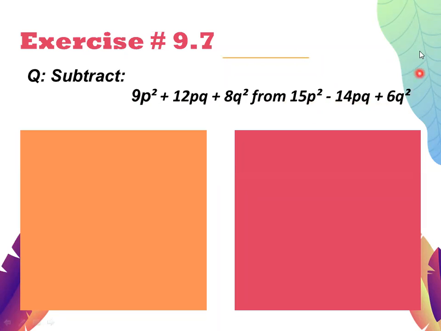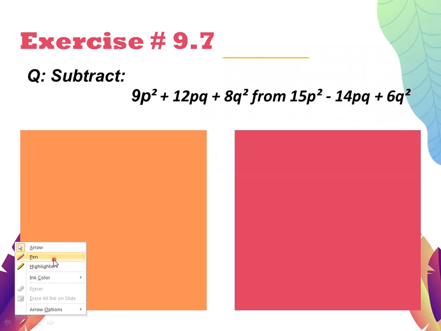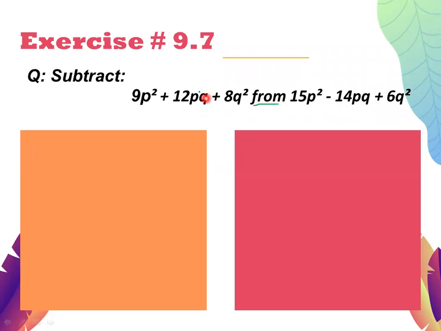Now class, when you are performing subtraction, please keep in your mind that the expression after 'from' you have to write first. If you write the other one first, your answer will be absolutely wrong. So please keep it in your mind while performing subtraction.